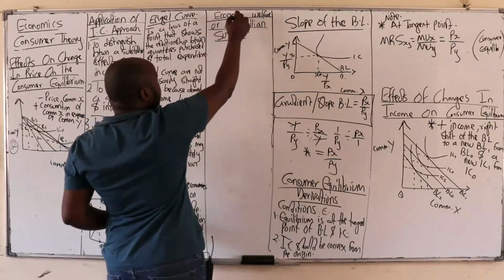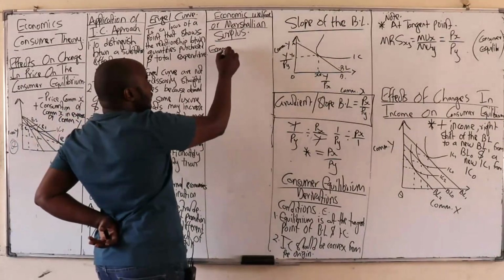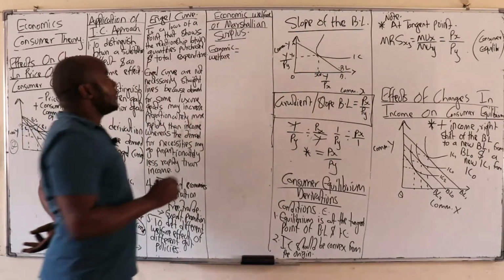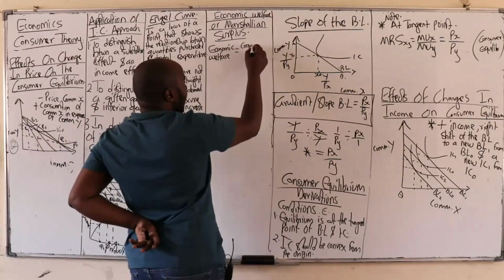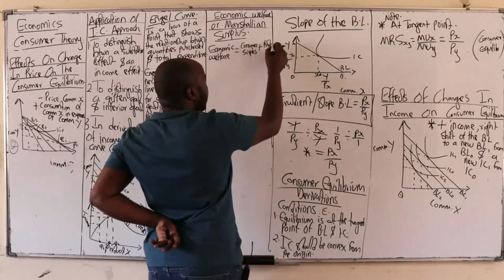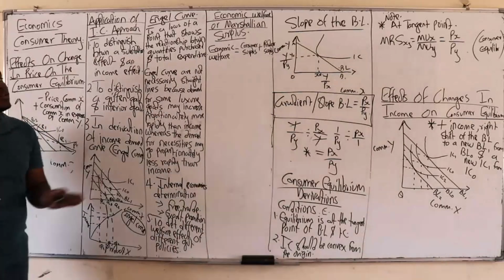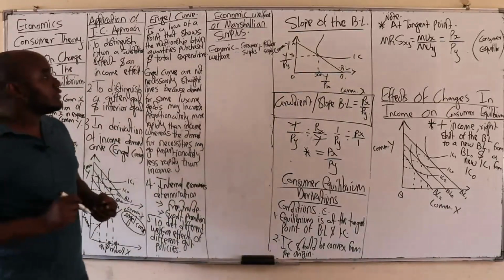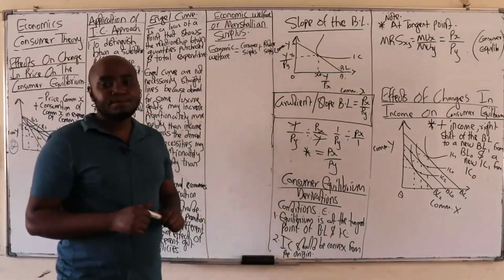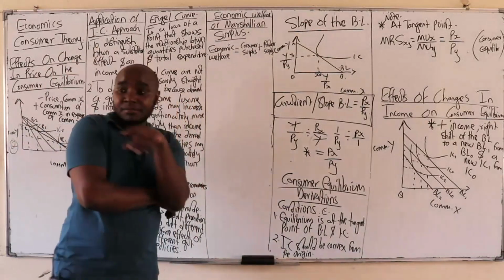Economic welfare is the sum total, or equals, the consumer surplus plus the producer surplus.